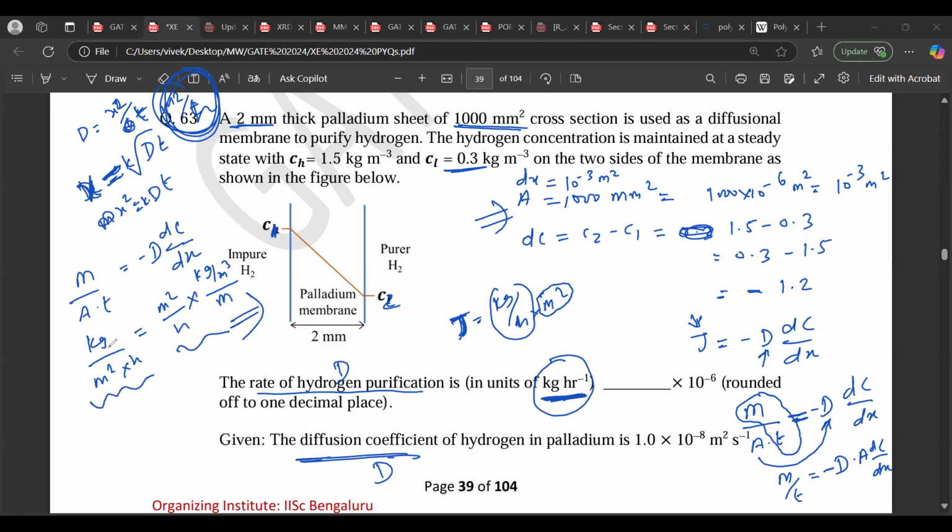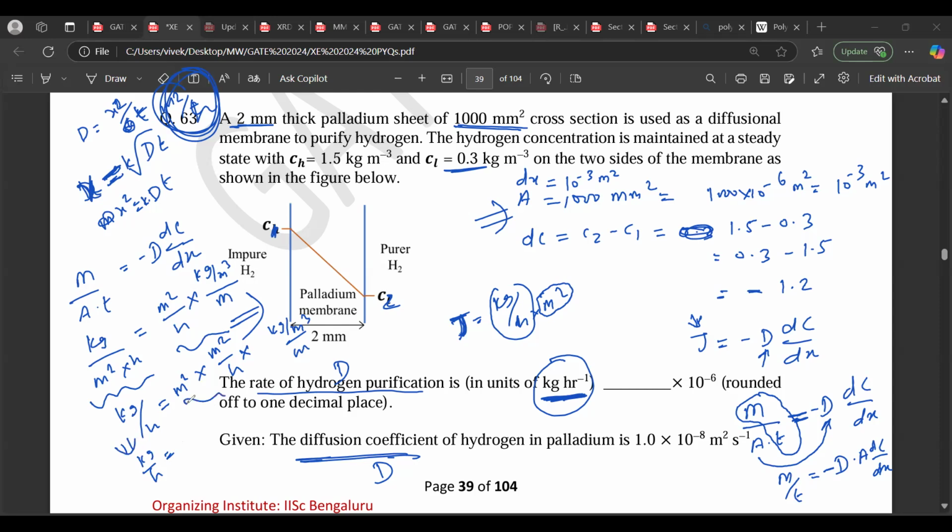If yes, then kg per hour is what you want to calculate. This meter square comes here, and then you already have meter square per hour multiplied by kg per meter cube by meter. If you solve all of them together, you will get kg per hour. Left hand side is already there.